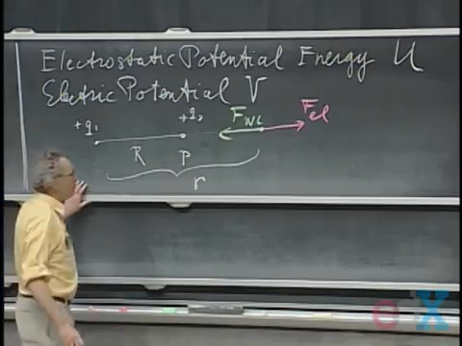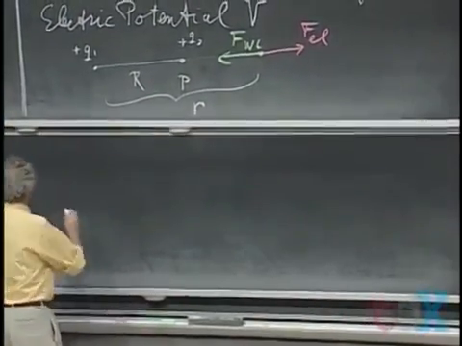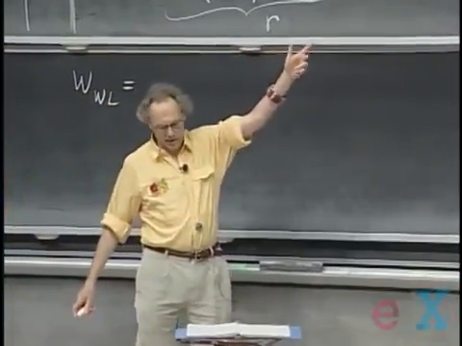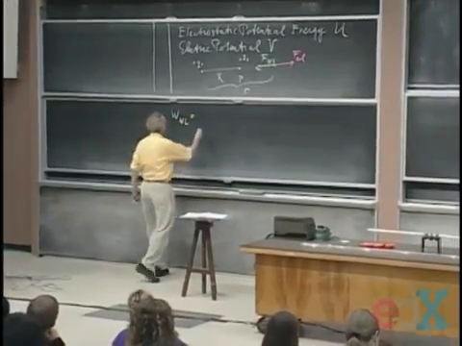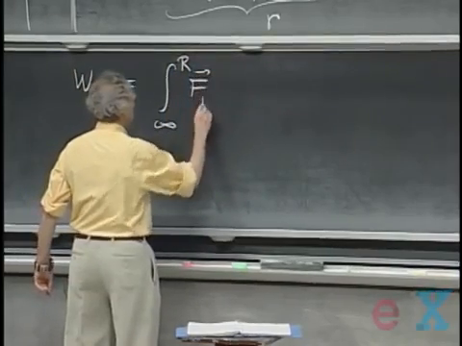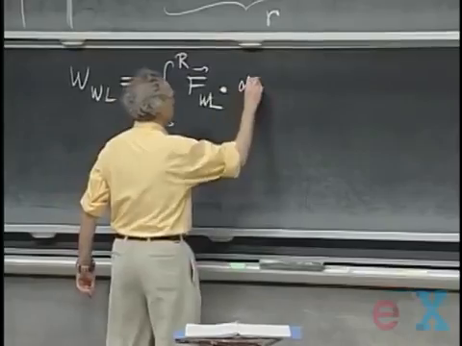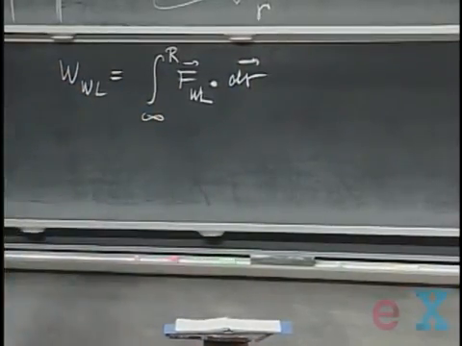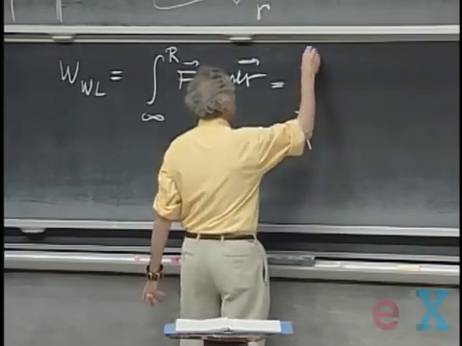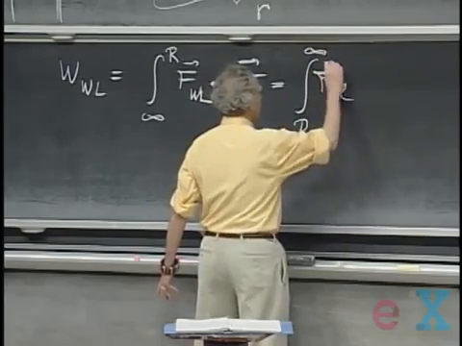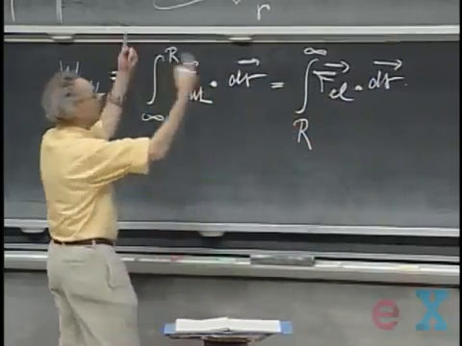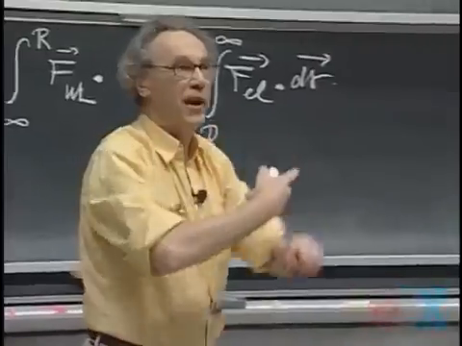Now, the work that I do can be calculated. The work that Walter Lewin is doing in going all the way from infinity to that location P is the integral going from infinity to radius r of the force of Walter Lewin dot dr. But of course, that work is exactly the same, either one is fine, to take the electric force in going from r to infinity dot dr. Because the electric force and Walter Lewin's force are the same in magnitude, but opposite direction.